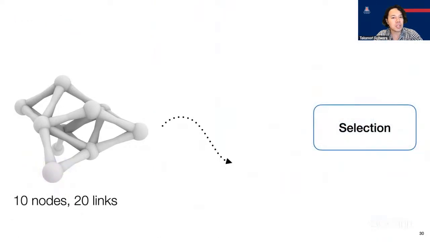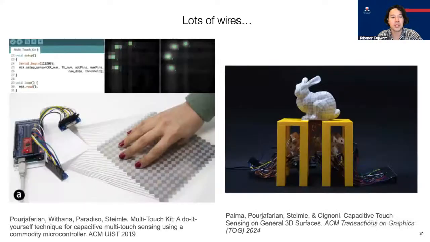But achieving selection for the physical world, even with a relatively small network, is not straightforward. So human-computer interaction and computer graphics researchers have tried to make selection possible on physical objects by using techniques like capacitive sensing.